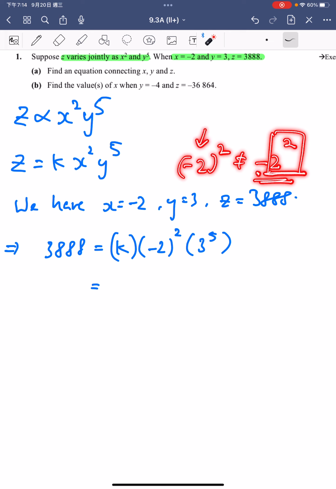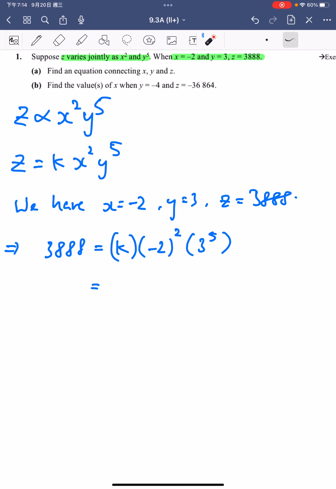But for this one, it means -2 times -2, which will give you a +4. So just be careful about this part. So for the (-2) bracket squared, this is equal to 4. So 4 times 3 to the power of 5 will give you an answer of 972.